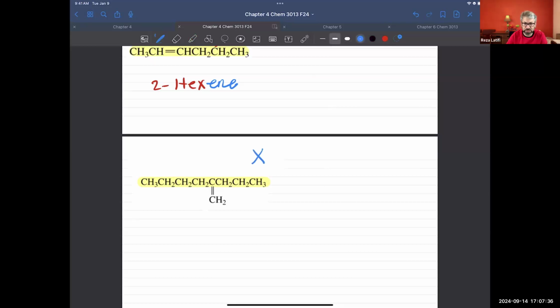What do we have here? This is going to be our main chain. We're going to say 1, 2, 3, 4, 5. Why don't you put the 1 there? If you see 1, 2, 3, 4, 5, the double bond here starts with 2, there it starts with 3. So the correct locator for the double bond should be 2. I have a methyl group sitting on the 4th carbon, so I'm going to say 4-methyl.